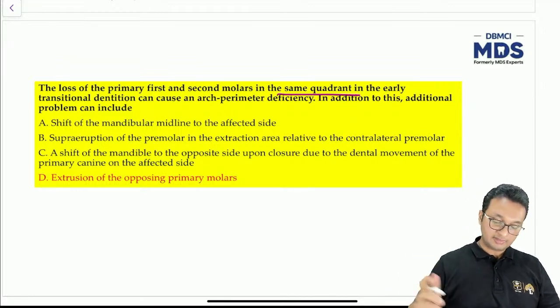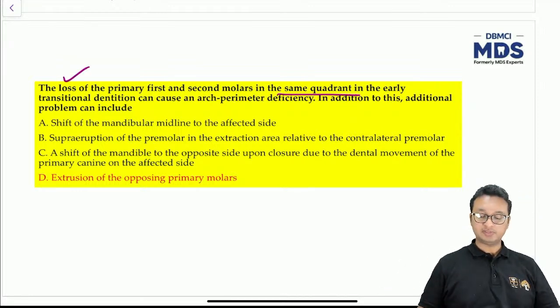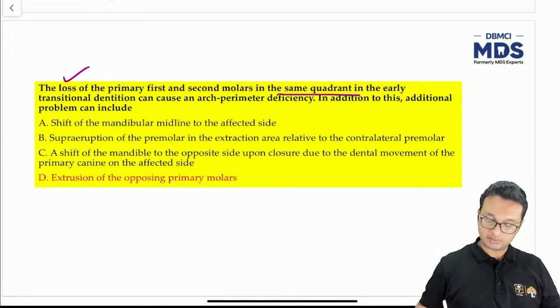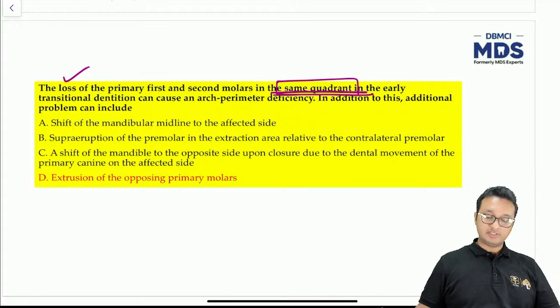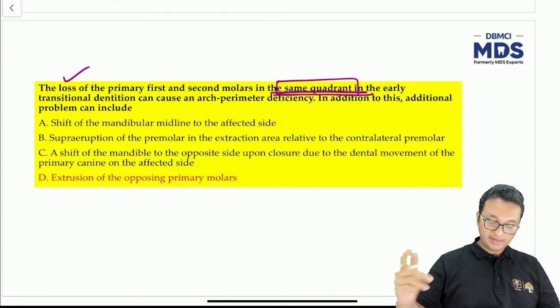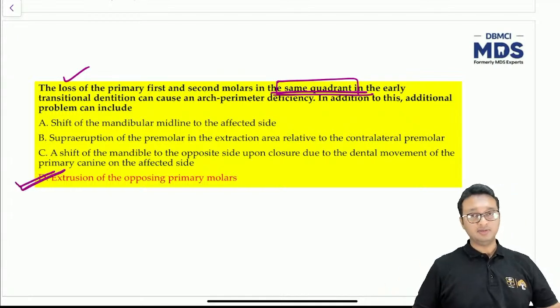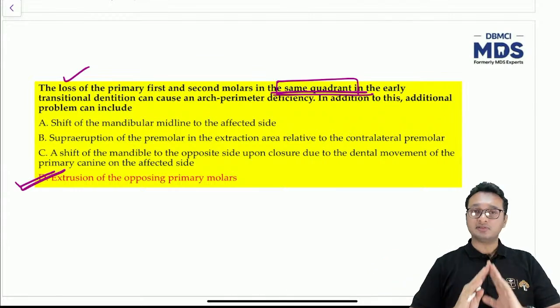So the question is asking about the loss of the primary first and second molars in the same quadrant in the early transitional dentition, which can cause an arch perimeter deficiency. Other than that, it can lead to extrusion of the opposing primary molars because the antagonist tooth is lost.